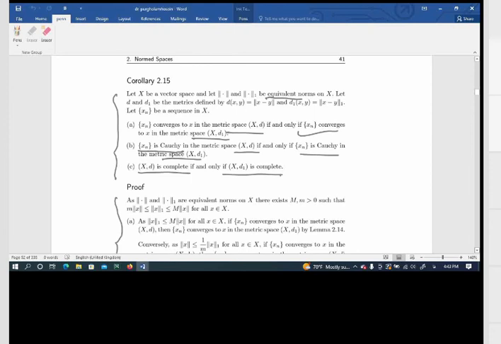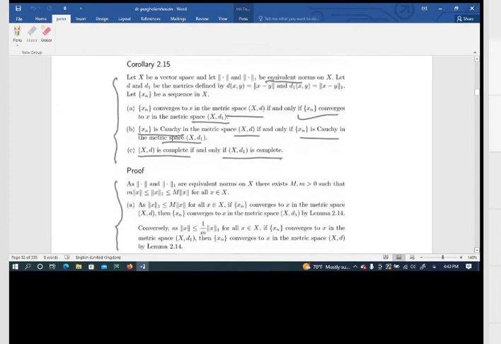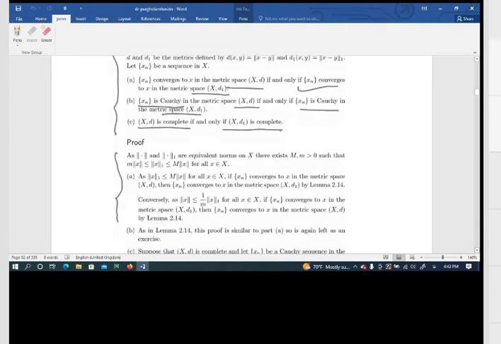B, xn is Cauchy in the metric space X and d if and only if xn is Cauchy in the metric space X and d1. X and d is complete if and only if X and d1 is complete. And this is the proof of the corollary.